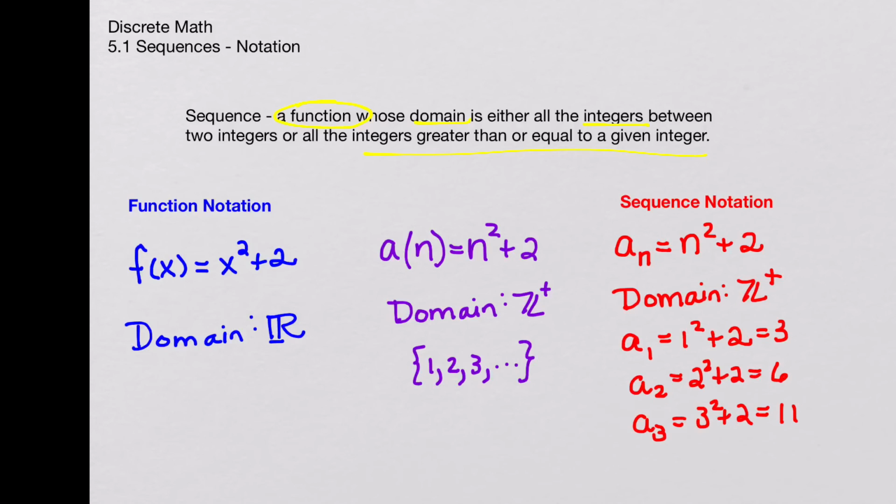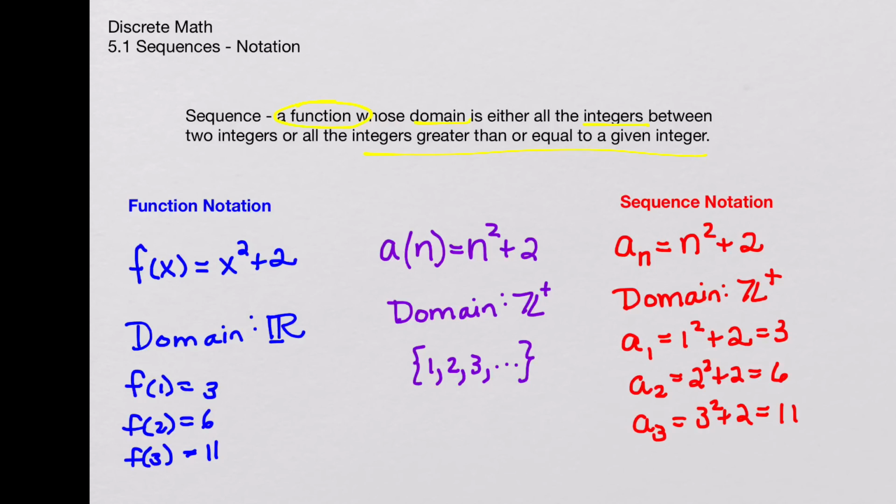So there you can see it works basically the same as if I said what is f of 1, what is f of 2, and what is f of 3. And that would come out to be the same, 3, 6, and 11.